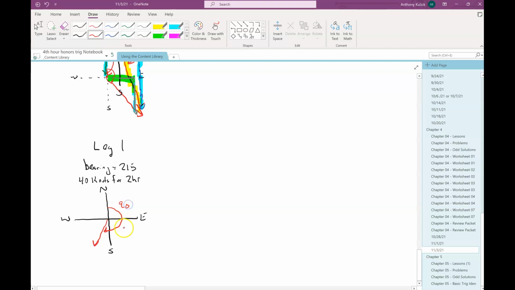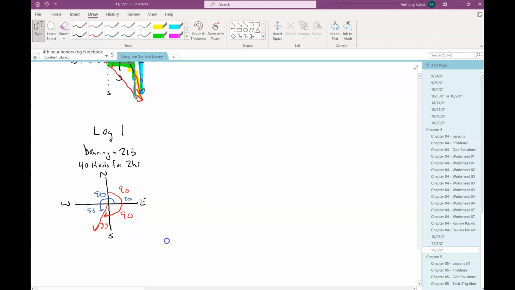So 90, 90, and then 35 is my bearing. So my standard position angle here is 90, 90, and then 55. So that becomes 235. And my distance covered, well, I'm going 40 nautical miles per hour for 2 hours. So that's just going to be 80 nautical miles. Everybody's okay with that?